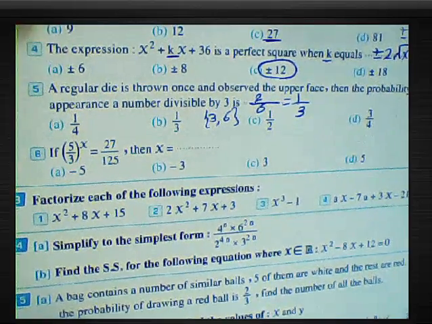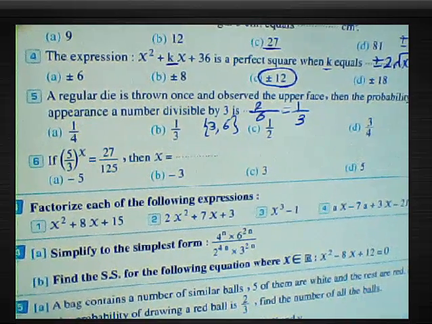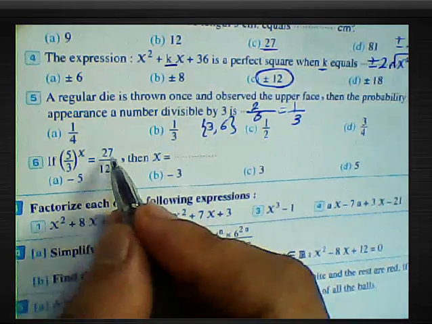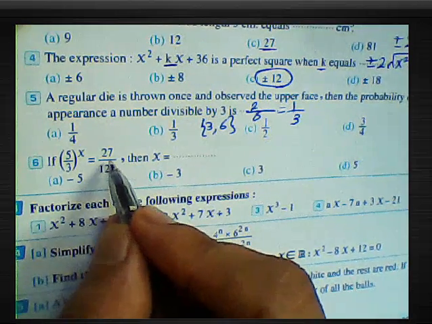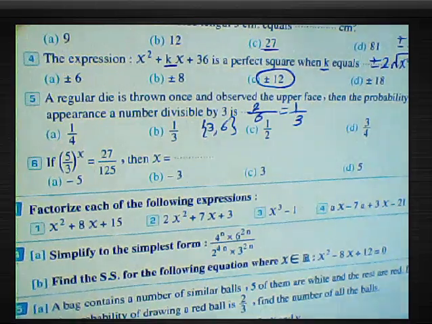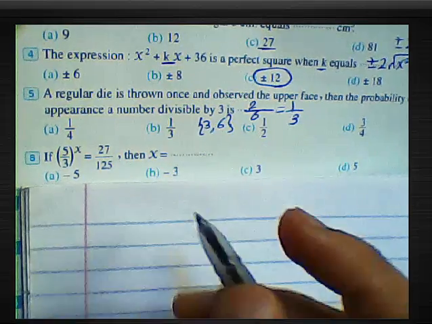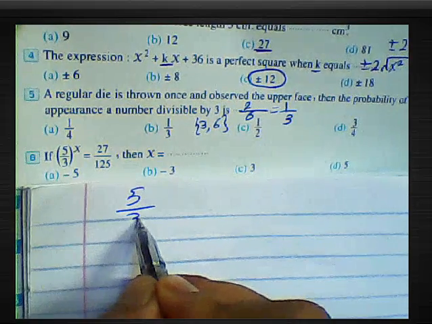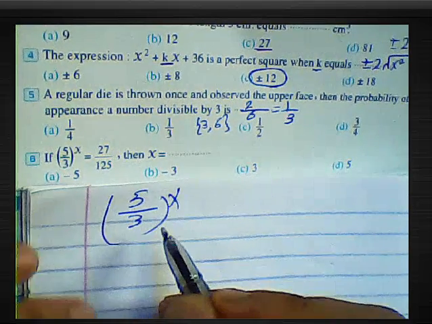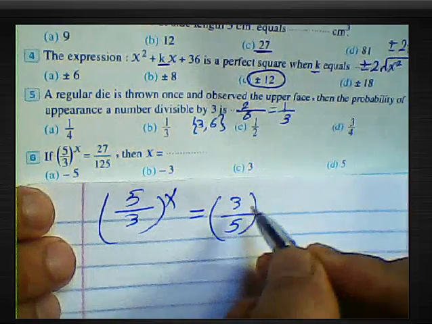Question number 6: if 5 over 3 power x equals 27 over 125, then x equals, we know 27 over 125 we can write here in the paper. 5 over 3 power x equals 3 over 5 power 3.